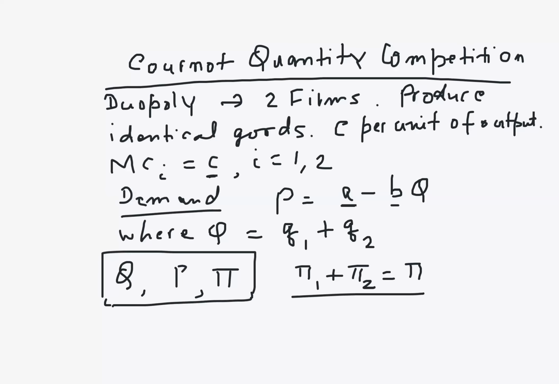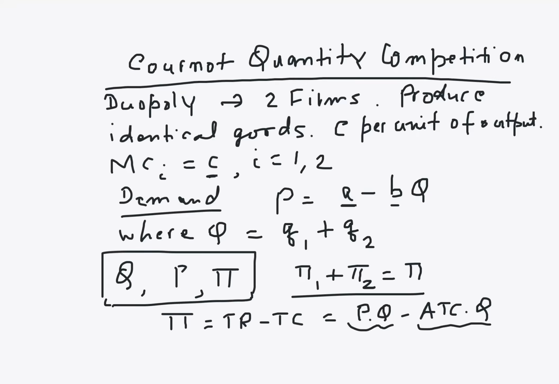Before we move forward, profit of any firm is total revenue minus total cost, which is the same thing as price times quantity minus average total cost times quantity, right? So this is your total revenue, this is your total cost. But since marginal cost is assumed to be constant, C, then average total cost is going to be the same. So average total cost is the same as marginal cost if marginal cost is constant, right? So we'll just plug that in here to calculate profit. So keep this equation in mind, the profit function.